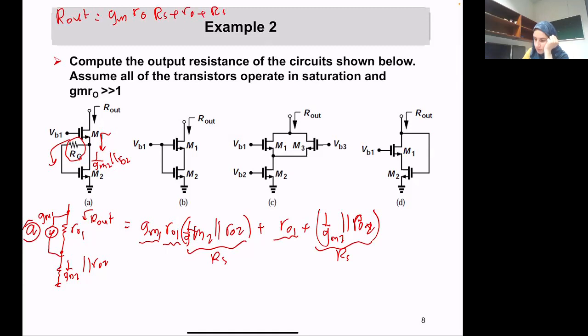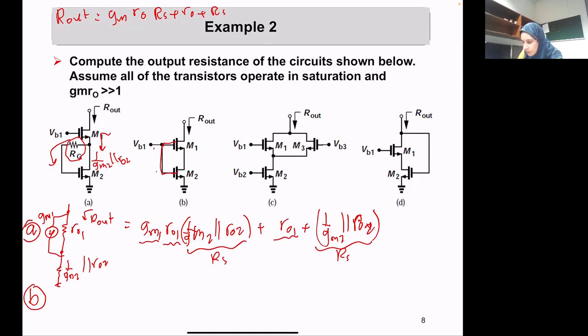Now for part B, again, what about this connection? VB1 is shared between voltages. It doesn't matter for us whether they are biased through the same voltage or with different voltages. Both of them will end up with 0 in the small signal model.